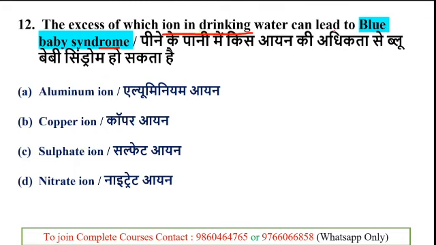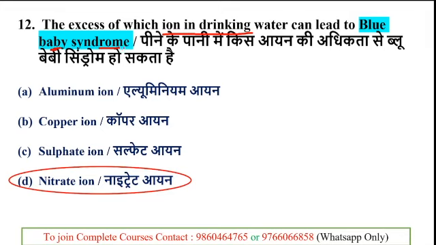Blue baby syndrome is a disease caused when there is not enough oxygen in the blood, seen in babies. The skin of the baby will turn blue. That is the disease. So blue baby syndrome happens due to an excess of nitrate ion in drinking water.